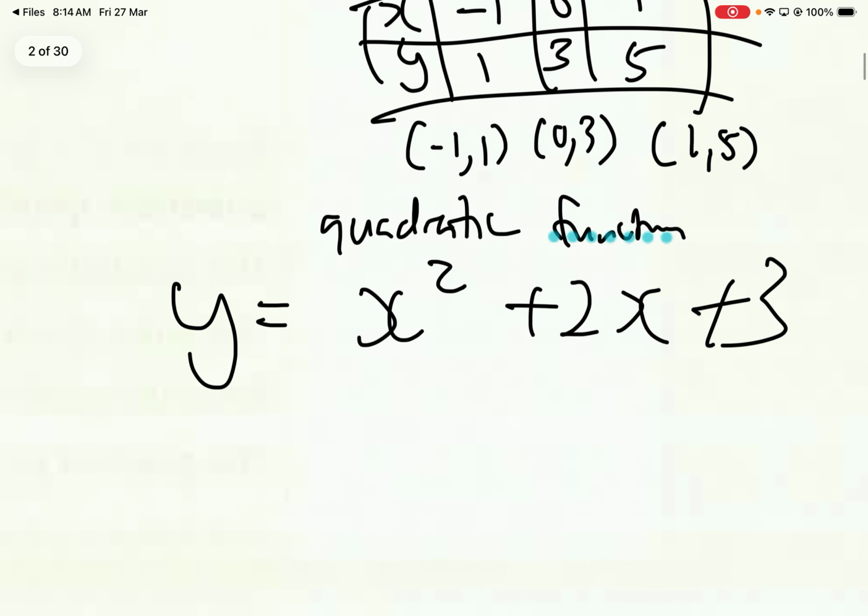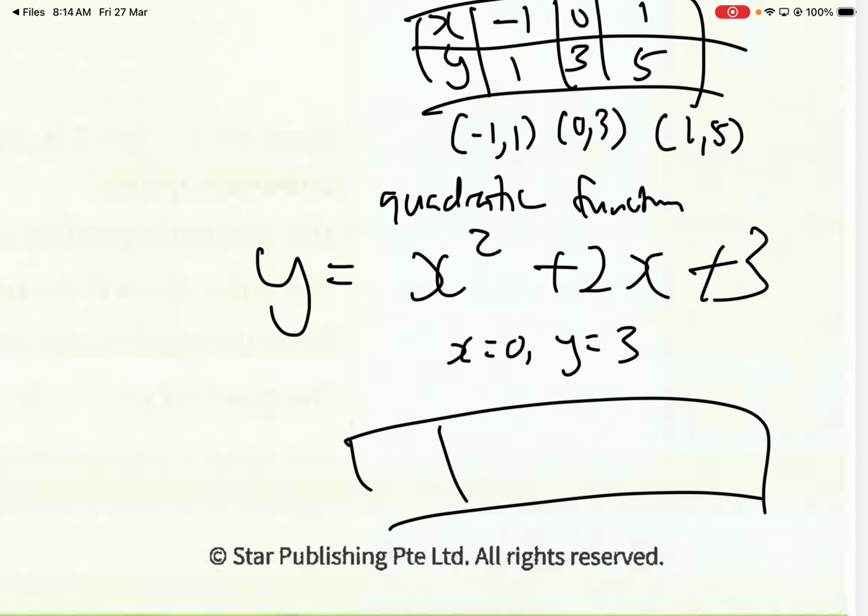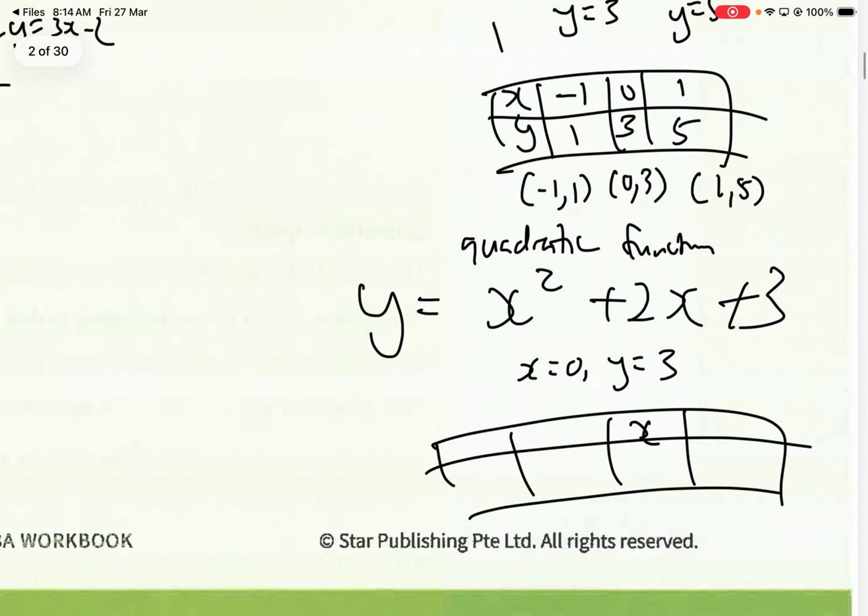Okay? So how we do all the plotting, all this is still exactly the same. When x equals to 0, y equals to 0 plus 0 plus 3. So y equals to 3. Then same, we also put them inside a table. Exact same table.